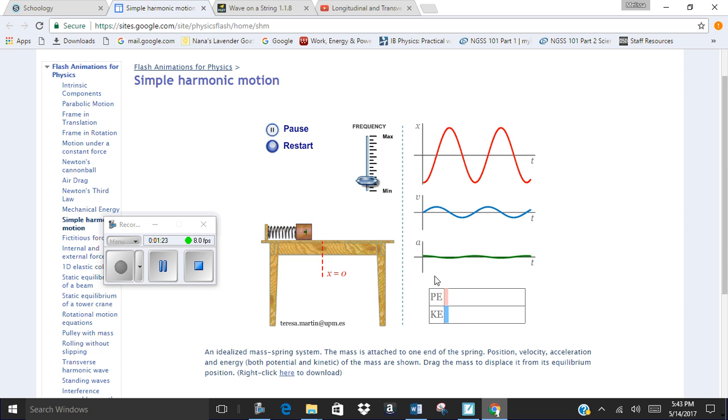Also, you've got an acceleration versus time graph, where you look like you have a cosine wave, where it goes to equilibrium, down, back up to equilibrium, back up to its maximum position. And of course, the acceleration is low because I have the frequency at a minimum. So this is what I mean when a sine or cosine wave is created whenever you've got simple harmonic motion, or at least the pattern can be graphed with a sine or cosine wave.